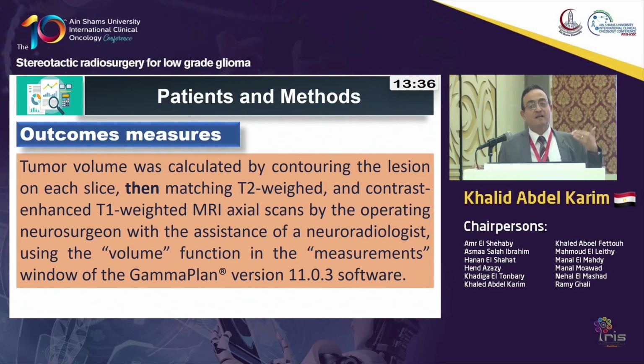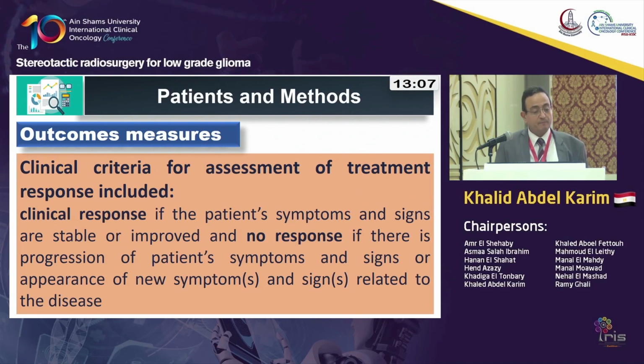We are having slices of 1.5 millimeters, so we can accurately describe our tumor volumetrically, in then matching T2 with T1 weighted contrast images, MRI axial scans by the operating neurosurgeon with assistance of neuroradiologists using the volume function and with the help of our gamma plan system.